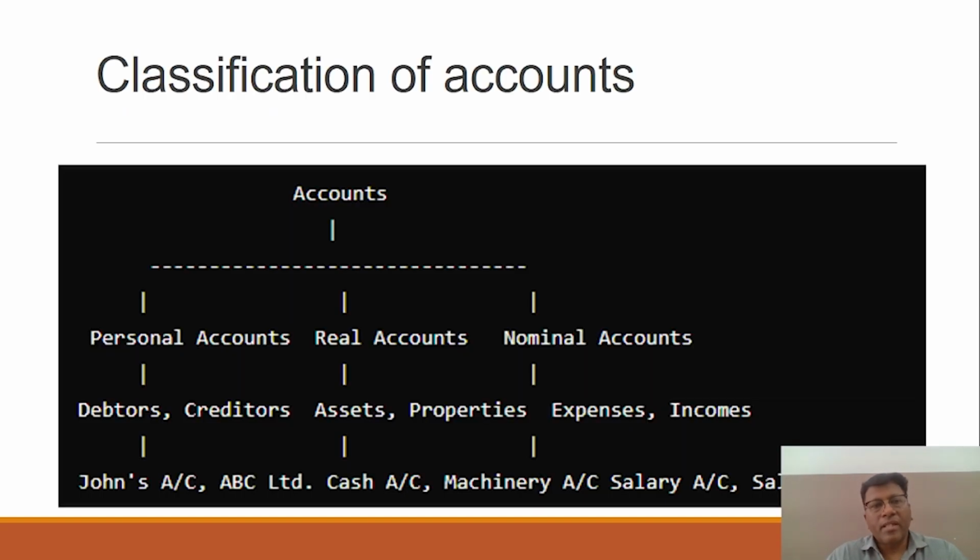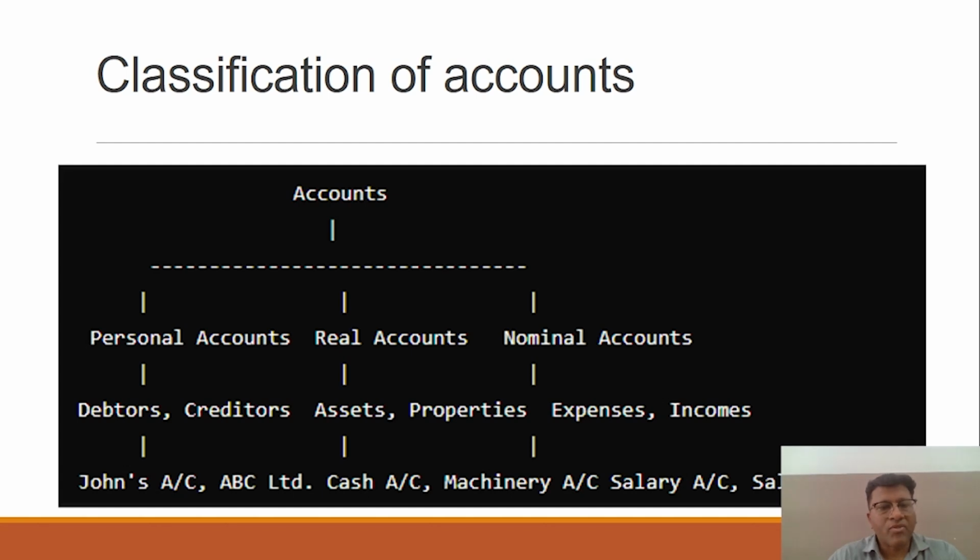So the very first thing is the classification of accounts. The students who want to journalize the business transactions in the primary book must be familiar with the classification of accounts. Basically, accounts are classified into three categories for making journal entries.